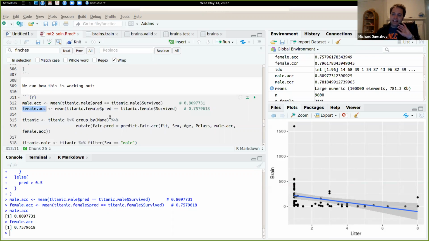If I group by name, then I have as many groups as I have rows, and each row is going to be in its own group because names do not repeat in the data set, right? So now for each group of rows, which means for each row, I'll just mutate and say fair prediction is this. Okay, so this is kind of a sneaky way of doing it.